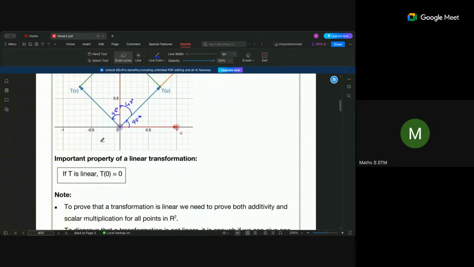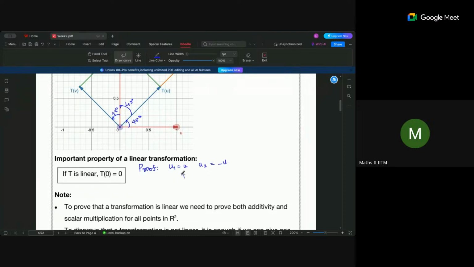Okay. So now one important property for a linear transformation is that if T is linear, then T of 0 is 0. Why it is 0? You can either use additivity to prove this, or you can use scalar multiplication. Anyway, you can prove this. For example, let us consider u1 is equal to u and u2 is equal to minus u.